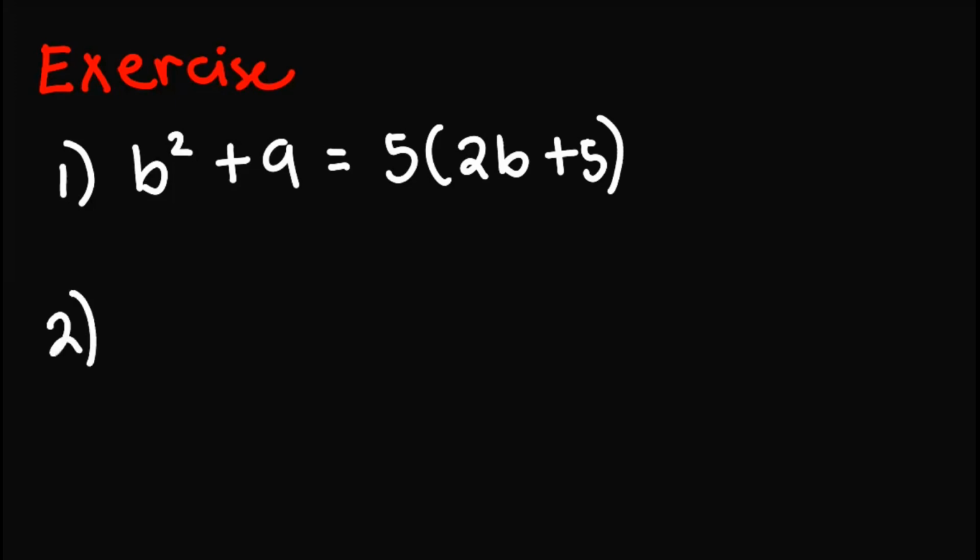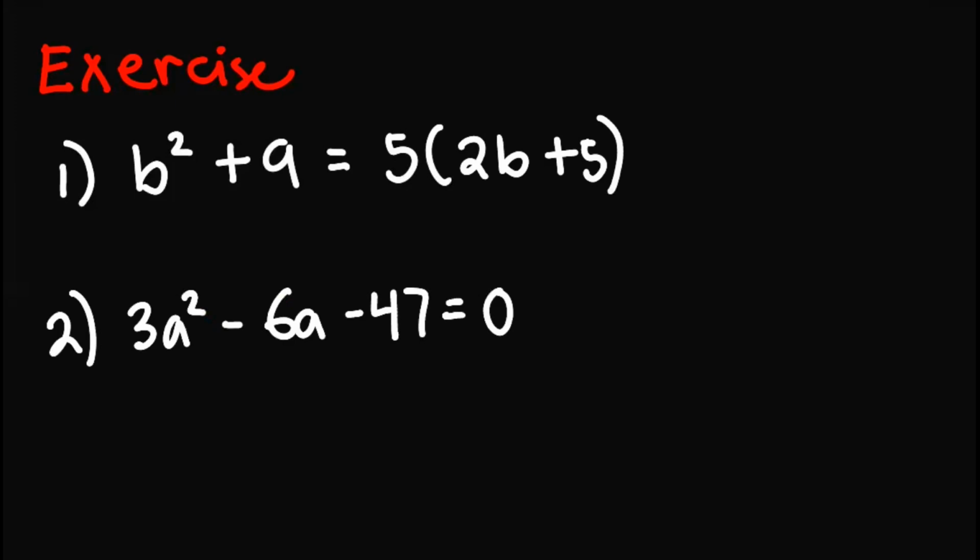And for this next one, you can try to solve 3a squared minus 6a minus 47 equals 0. Observe that in this example, the coefficient of our leading term is 3, so it's not 1. So you'll apply the similar trick that we did in the last example.